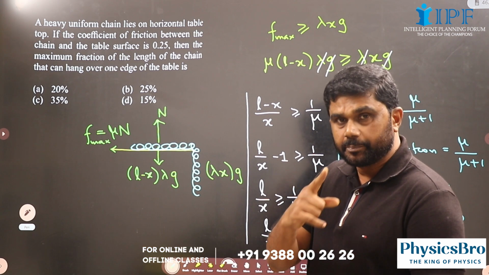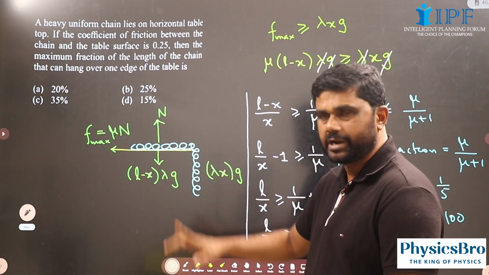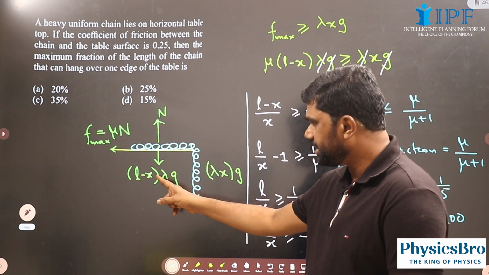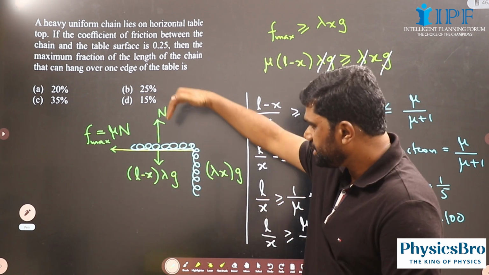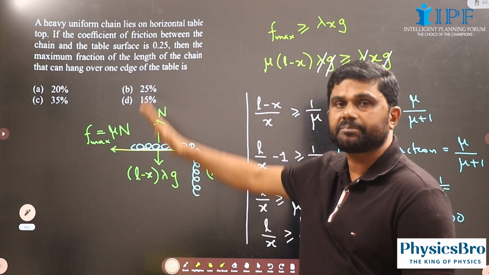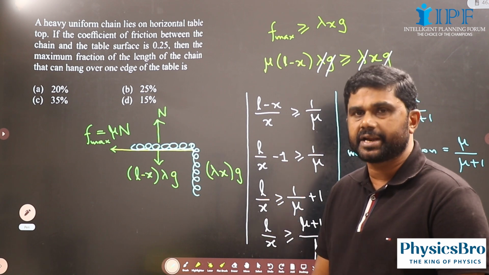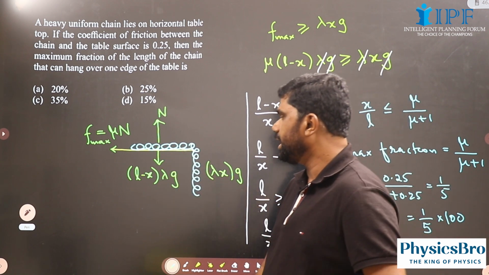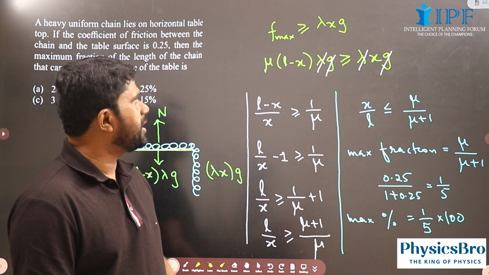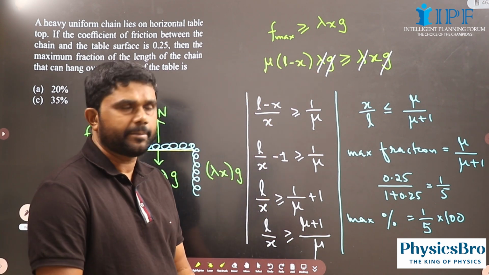So the mass of the part of the chain that is on the table will be L minus x into lambda. Its weight will be L minus x into lambda into g. That weight is acting down. Normal reaction will be equal to that and it acts upwards. So the maximum friction will be mu into normal reaction, so mu into L minus x into lambda g. This is the maximum friction: mu into L minus x into lambda g.